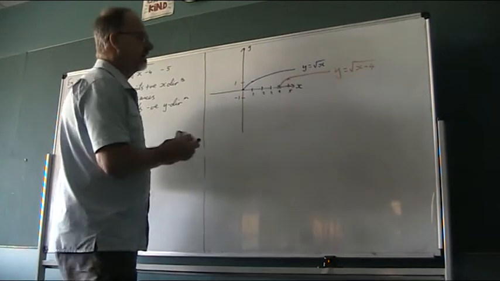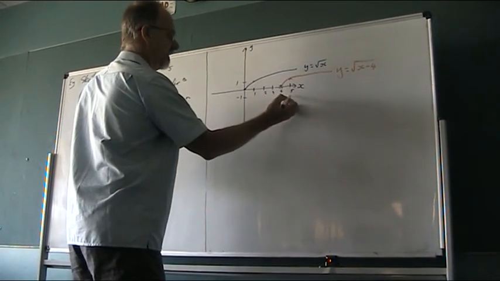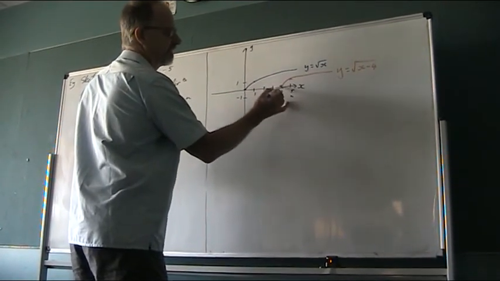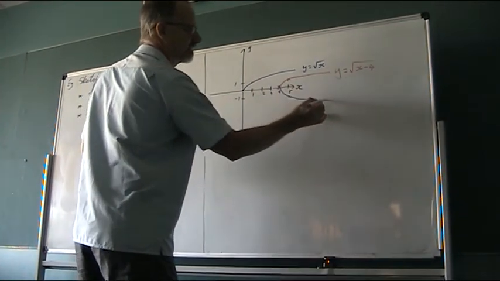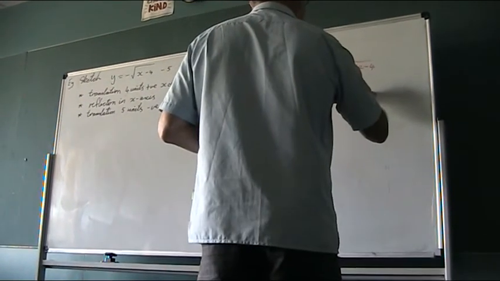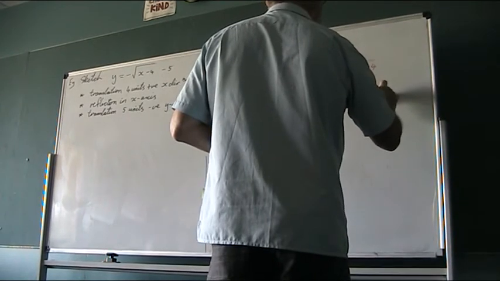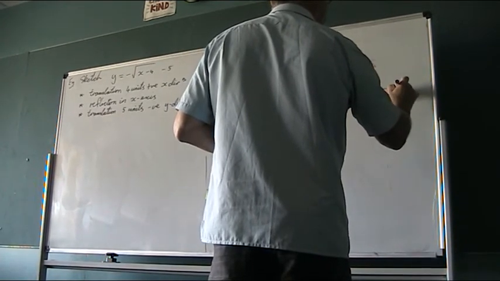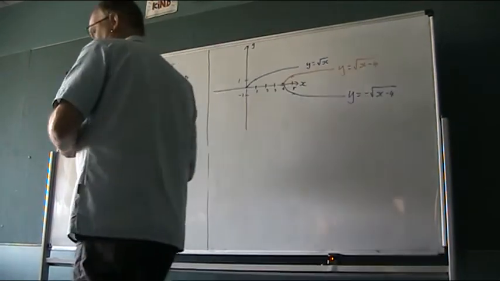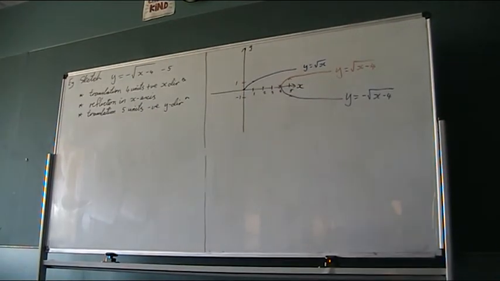So we had this point, the y value was 1, we reflect it down here to -1, and the same with all the others, and so we get this. Alright.